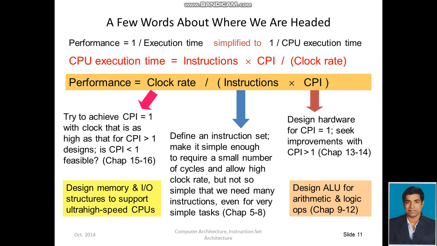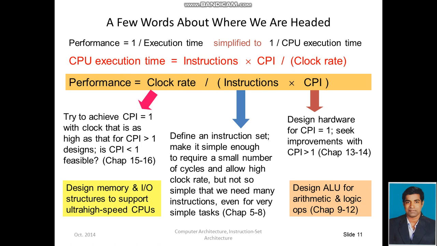The CPU execution time is equal to the number of instructions in a program and clock cycles per instruction divided by clock rate. Here we try to achieve CPI, clock cycles per instruction, equal to 1 with a clock that is as high as that for CPI greater than 1 designs.